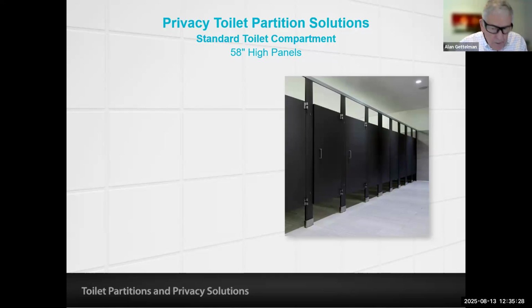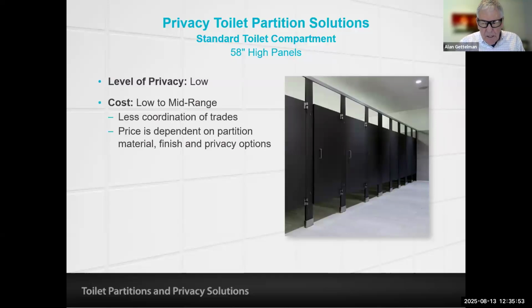The level of privacy here is low. Standard toilet compartments are known for their 12 inches of clearance. They also have large gaps between the doors and the stiles. However, these issues can be addressed by taller doors or by add-on strips at the door and the latching stile.